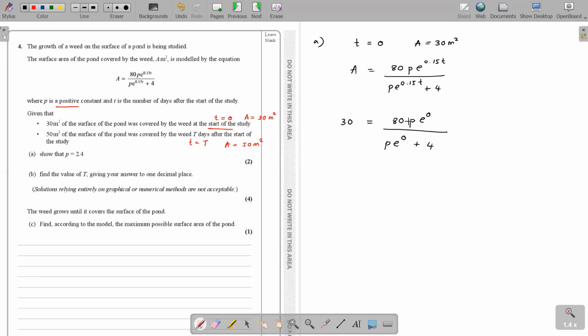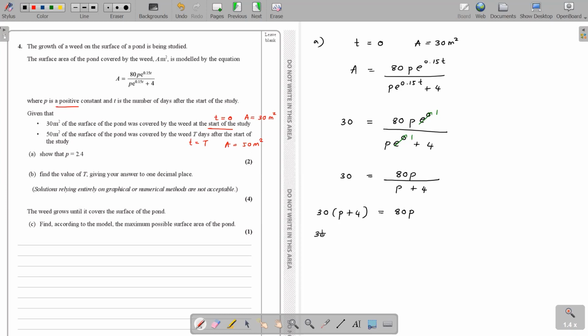Okay, is this clear? Any number to the power of 0 is 1. So e to the power 0 is 1, e to the power 0 is 1. So I get here 80p divided by p plus 4. And now it's just a matter of making p the subject. So 30 times p plus 4 equals 80p.